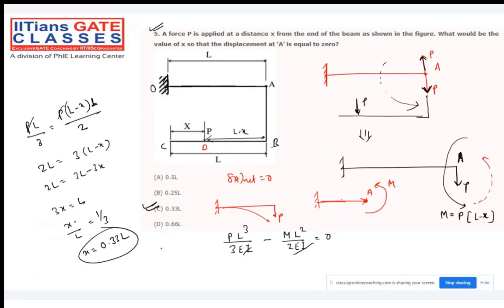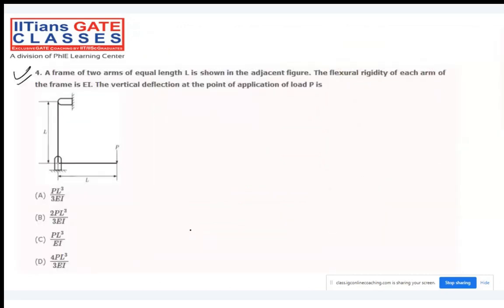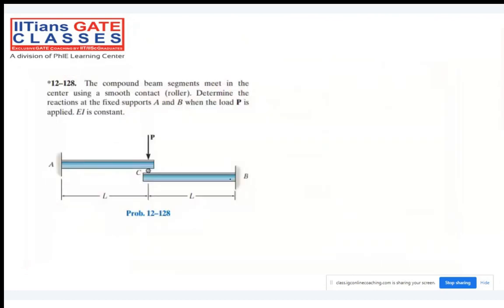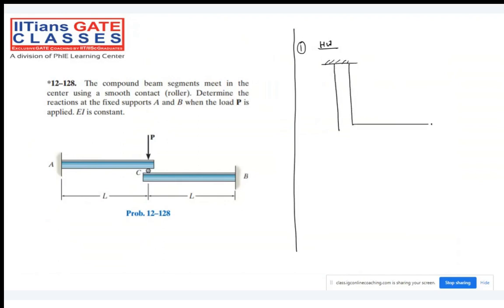Now, try understanding the particular problem that I am giving you as homework. Try to solve it. A beam ABC made up of two segments.